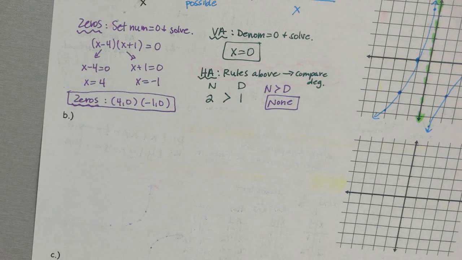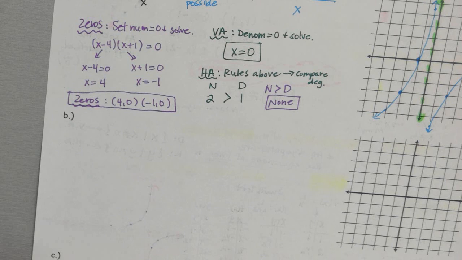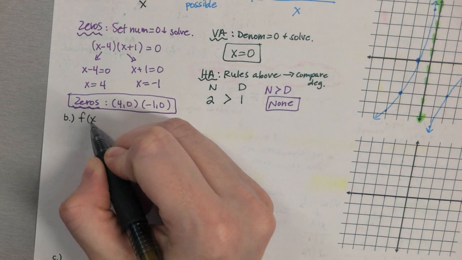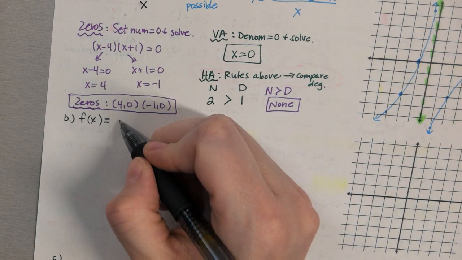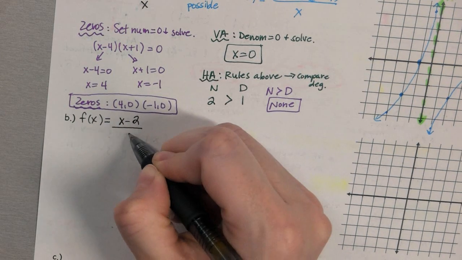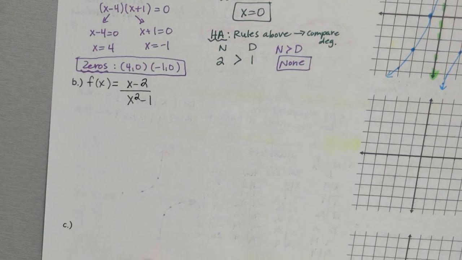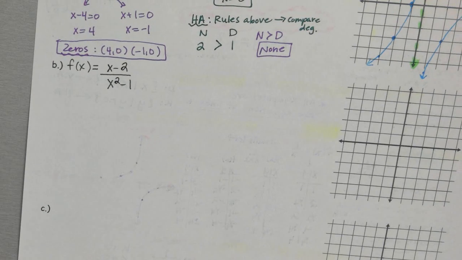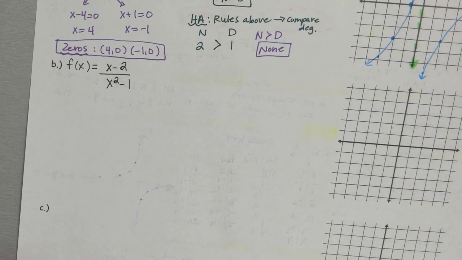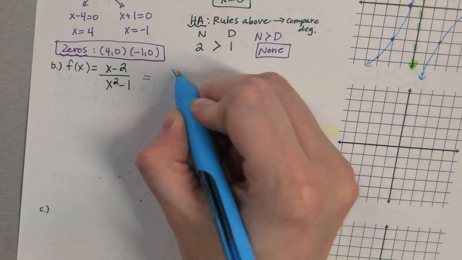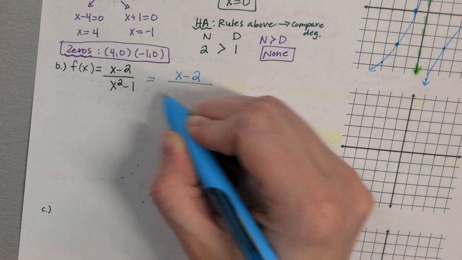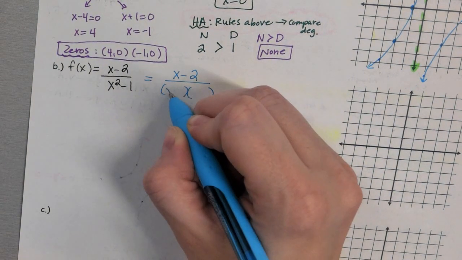All right, so for B, we have f of x equals x minus 2 over x squared minus 1. So again, your first step is to factor where you can. So we should recognize right away on the bottom it's the difference of 2 squares.